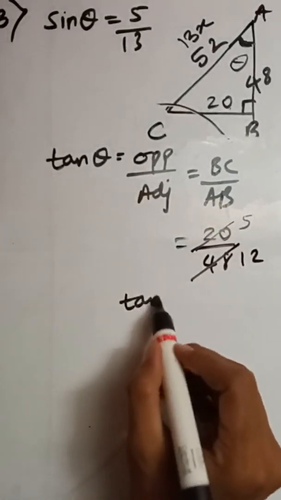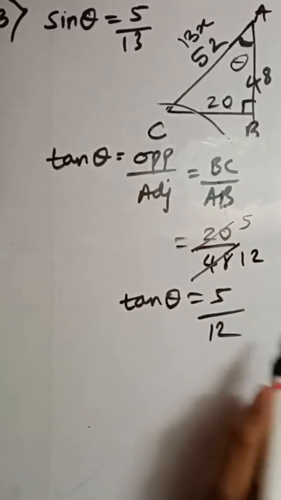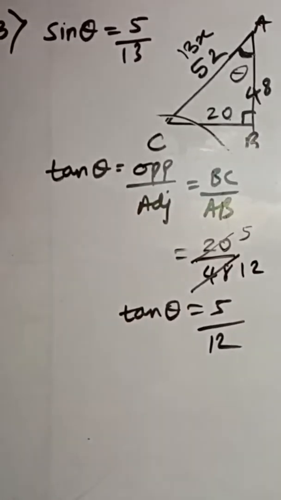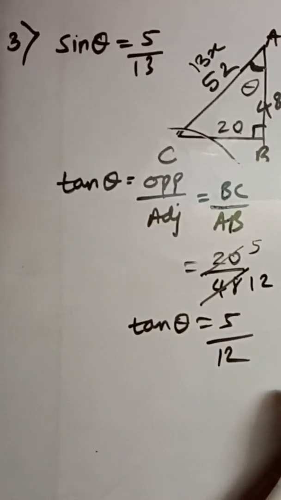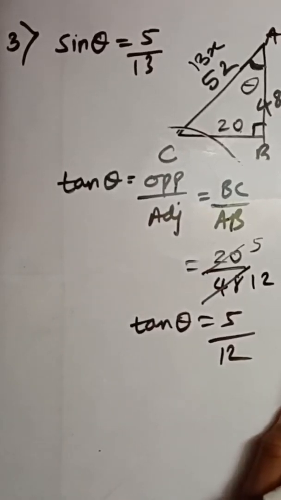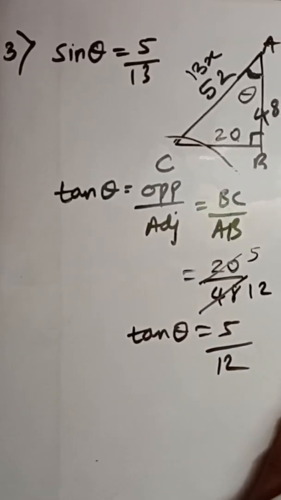So you will get tan theta is 5 upon 12. This was the third sum. Okay. I'll erase this. You can pause the video and copy it.